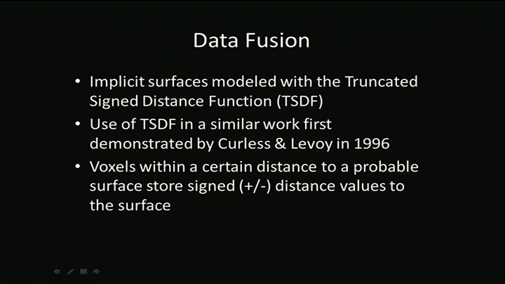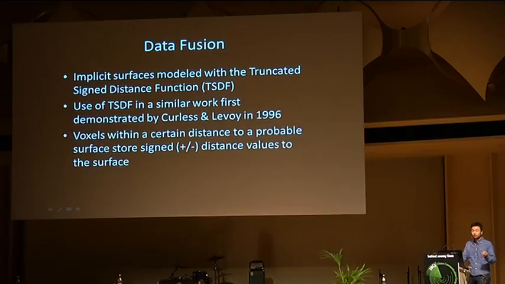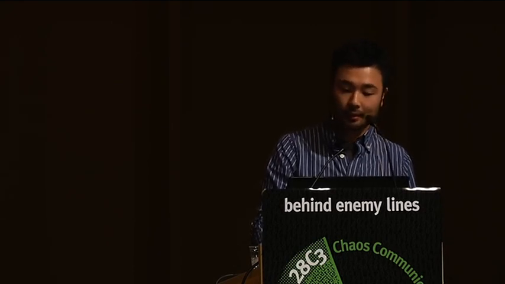So in each voxel, we store signed distances, which means that voxels which lie in front of a surface and which have direct sight to the camera have positive distance values, and voxels which lie behind the surface have negative values. So it's kind of hard to imagine, but I'll show you a diagram.